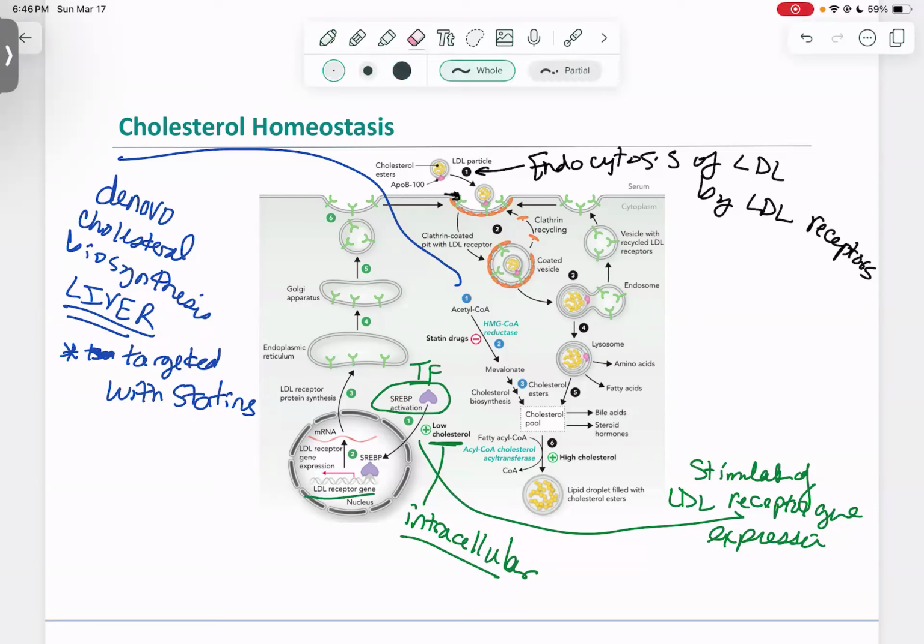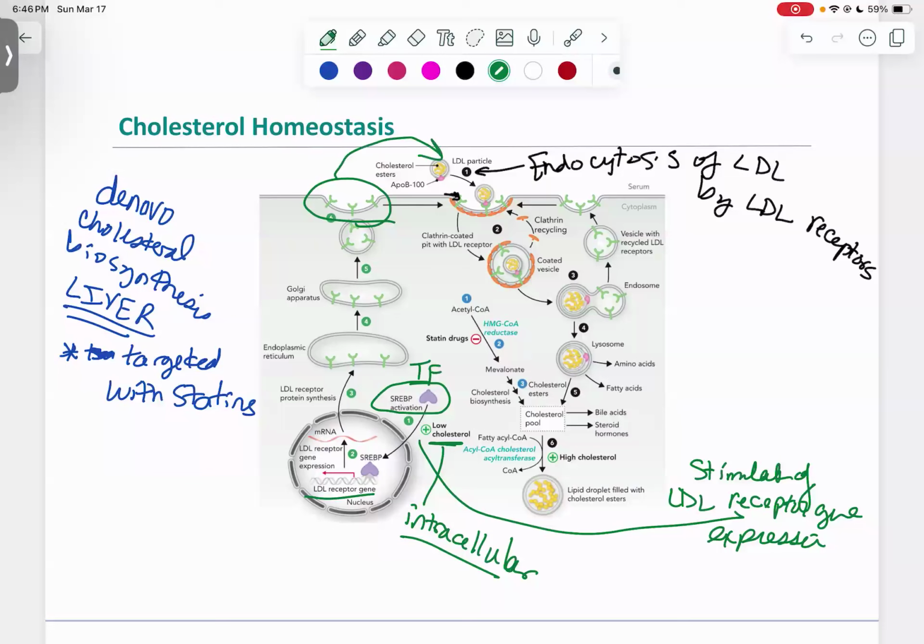So once it becomes activated due to low intracellular cholesterol levels, we increase transcription of the gene, then we make the mRNA, ship it out, make the receptors, and then ship the receptors out to the outside of the cell. And so this is what ends up promoting, now that you have all these receptors, they're ready to go. Now they can bind LDL.